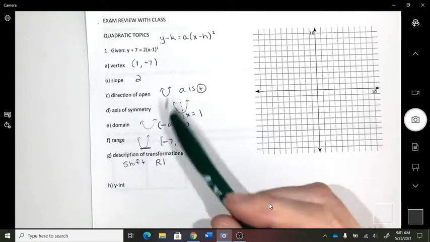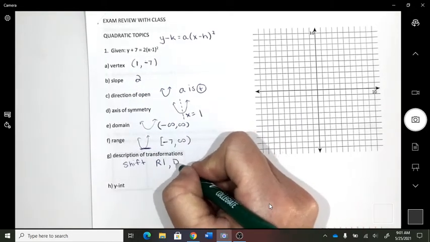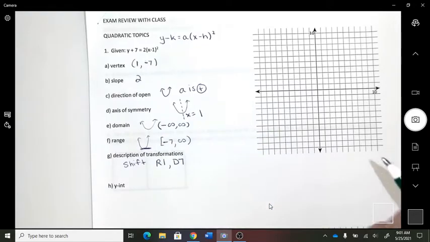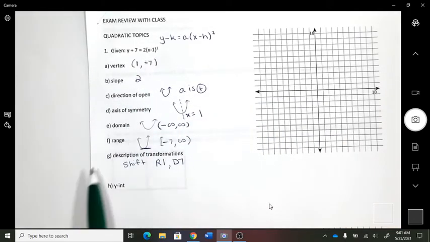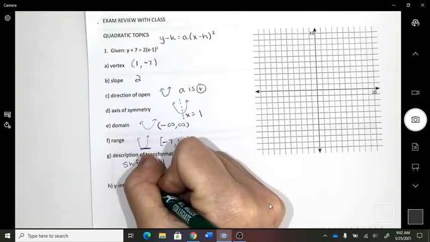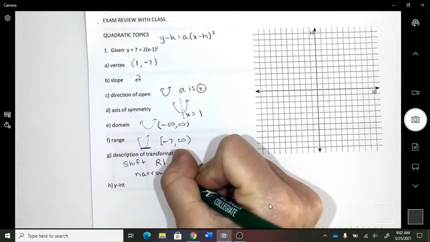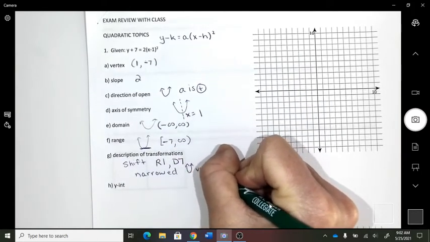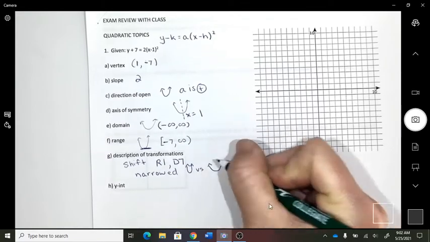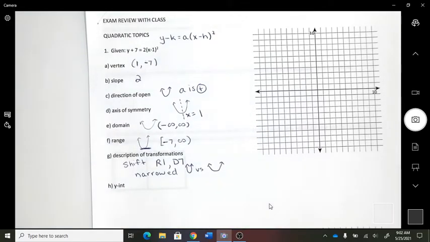And negative 7, so it would shift down 7. And what does the 2 multiplier do to the arms of it? Do you remember that? The arms? Yeah, it narrowed. Kind of like that, like it gets skinnier.